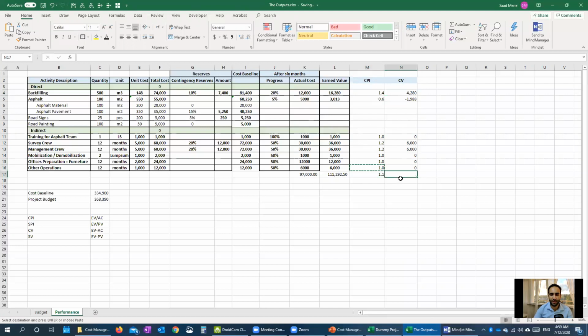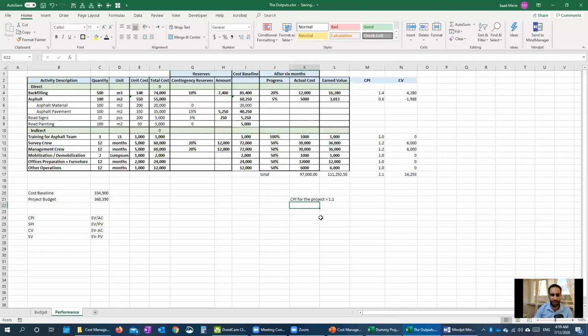On the overall it is the same, so we can have this CV or CPI. This one should be 14,000, and this one is 1.1. So on the overall project, the status is 1.1. So the CPI for the project equals 1.1. This is the information that we have.